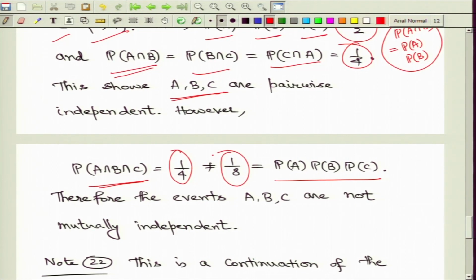So, this shows by example that pairwise independence may not imply mutual independence. Of course, what we have seen earlier is that mutual independence is a stronger condition than pairwise independence. So, mutual independence always implies pairwise independence, but the converse may not be true.